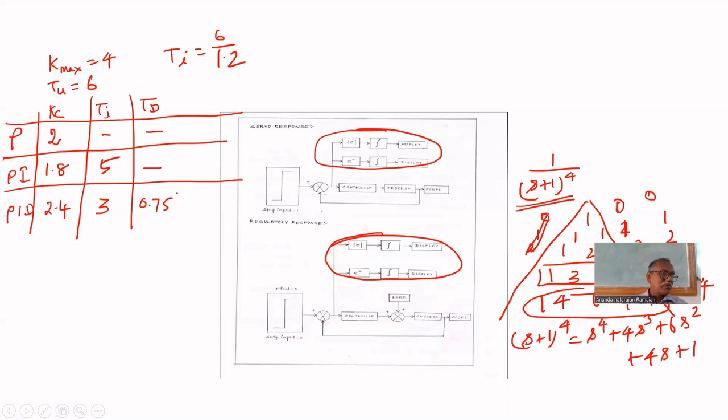The sustained oscillation method. The reaction curve method gives only an approximate value. It is not giving 2. It depends on the dead time; we selected 1.3. If we select 1.2 or 1.1, it may give 2. So the reaction curve values are all approximate, but the sustained oscillation method gives exactly a gain margin of 2, because it gives a more accurate value.